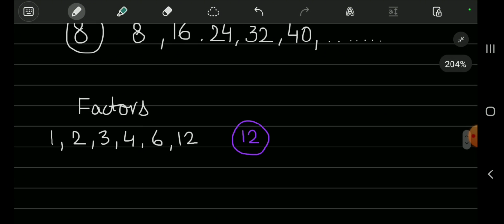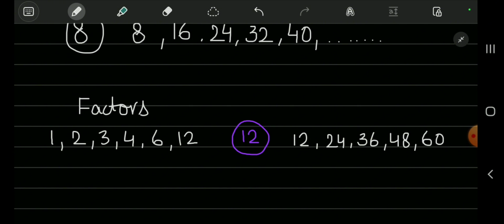And if you go from 12 to higher numbers and multiply it by 1, 2, 3, you get 12, 24, 36, 48, 60 and so on. These all will be its multiples.